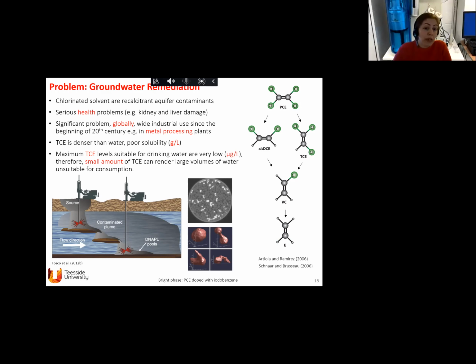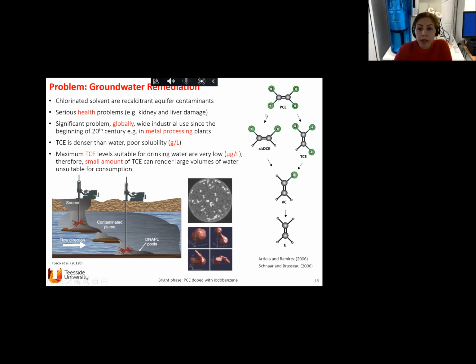A lot of these contaminations are in the backyards of small, medium-sized factories, so you don't want to stop all of that production while cleaning the environment if possible. At pore scale, it's a very similar story.